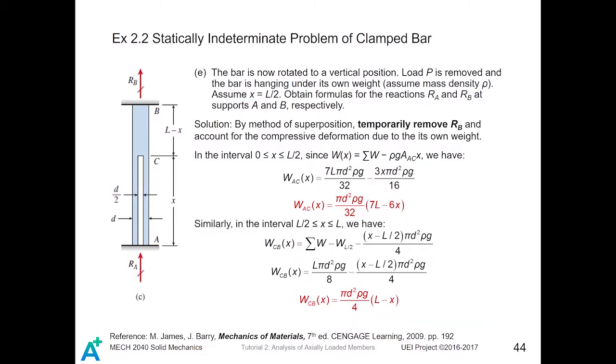After considering the statics of this entire structure, now we have to consider the solid mechanics part of this problem. The load RB is pulling the bar upward and trying to elongate this bar, while the weight of the bar will compress it, so the bar will become shortened because of the weight.